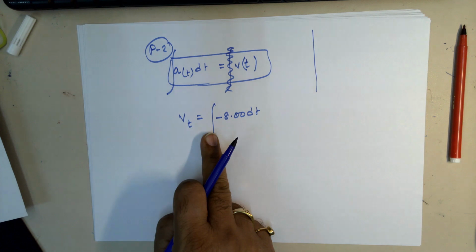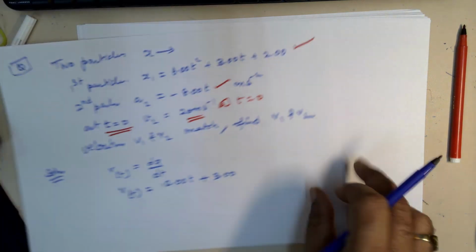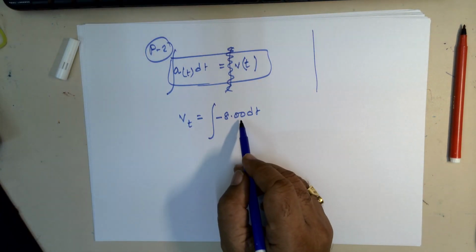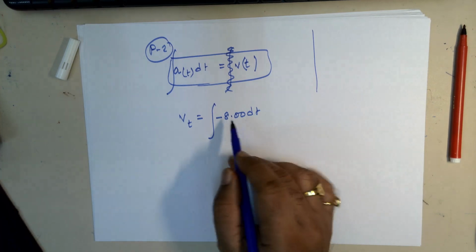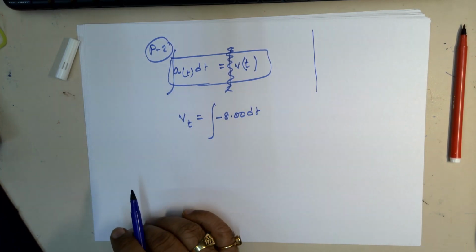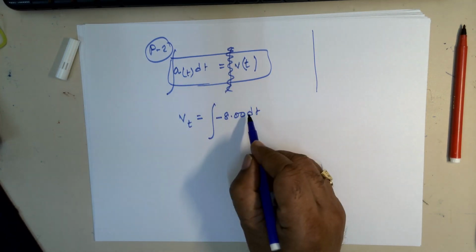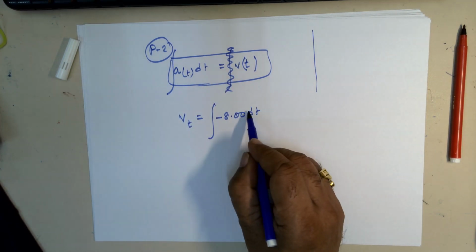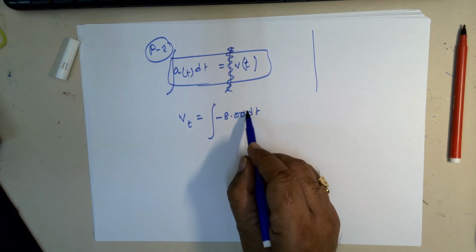So V of t is equal to a at t. Instead of a at t, I have introduced this minus 8.00, so minus 8.00 into dt, right? I left the t; I have to put this t.